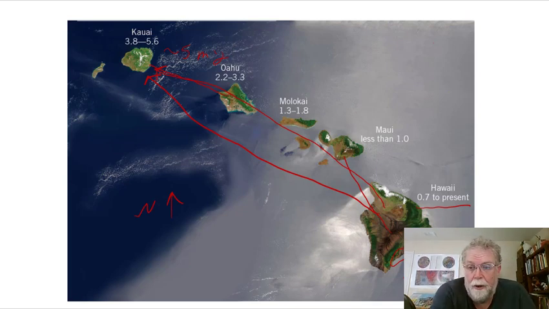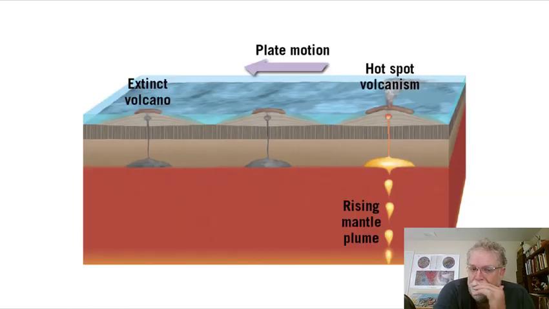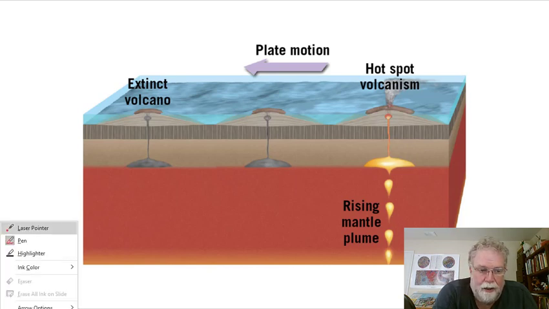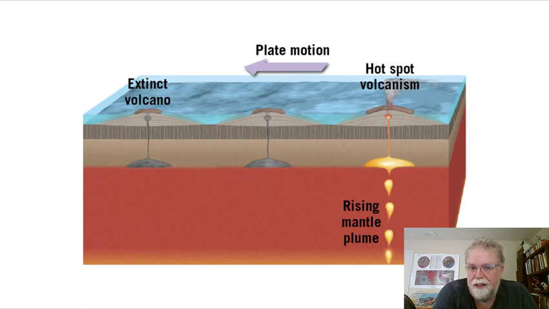And here's a fancy picture, much better than what I just drew. But you can see how you've got a rising mantle plume causing an active volcano here on the right hand side. I'm going to go back to pointing, not drawing, because drawing kind of makes a mess of things.